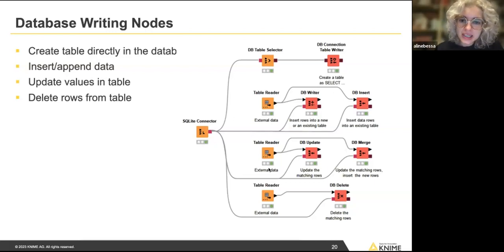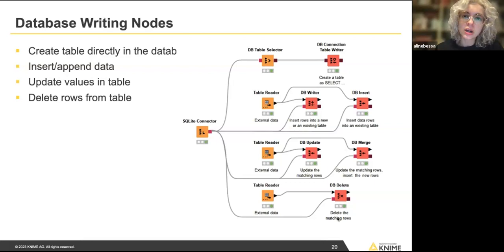Again, if you have external data, you can update a table with this external data. If it's a table with the same columns, you just update the matching rows. You can insert new rows with the DB merge as well. And you can also delete matching rows using the database delete node, right? You can send this table reader, and everything that matches the information that is here gets deleted.